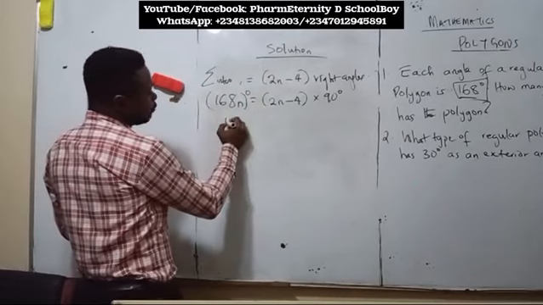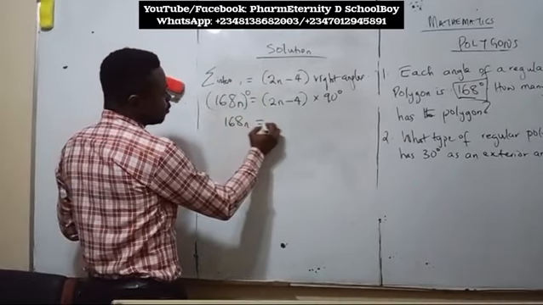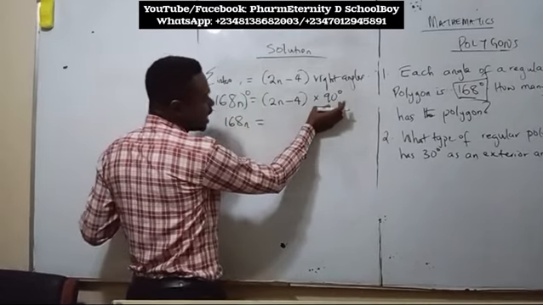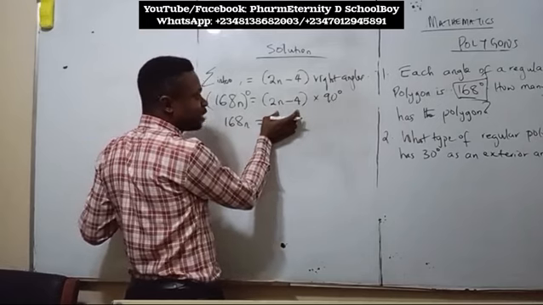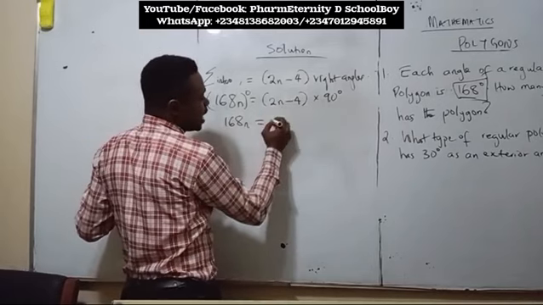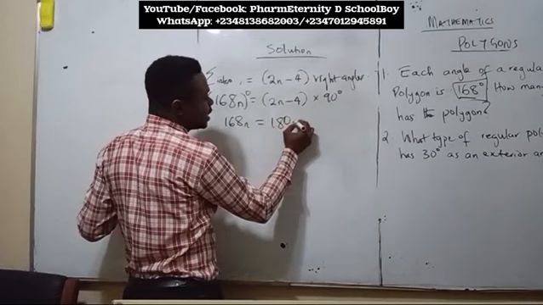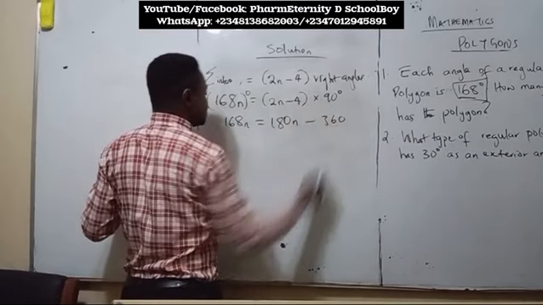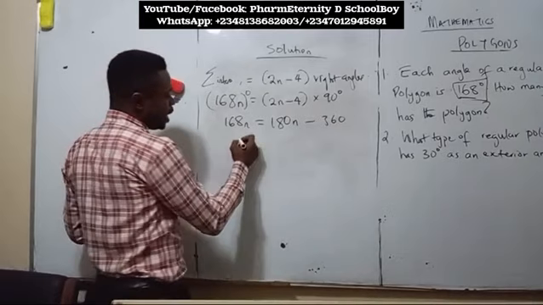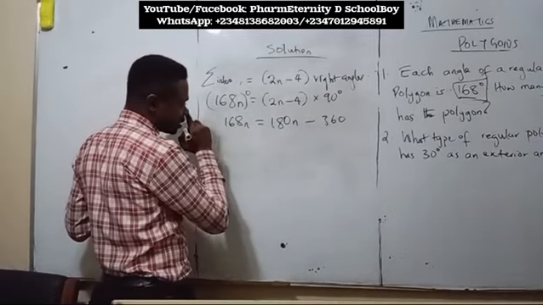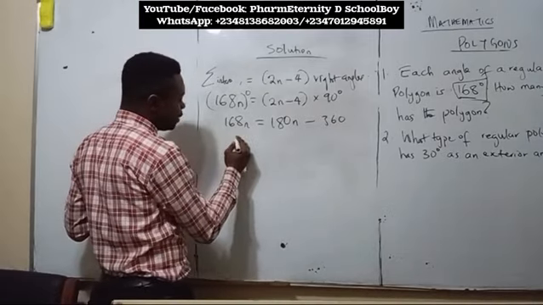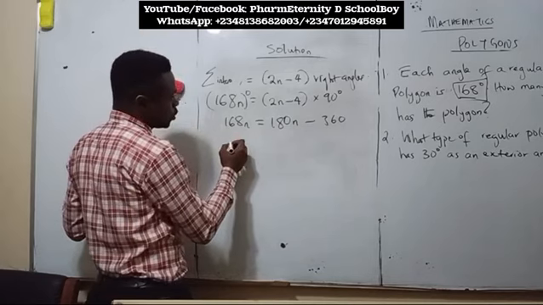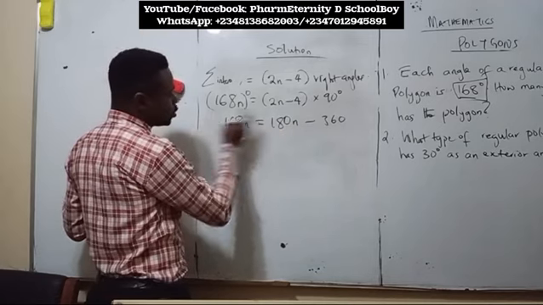So here we now have 168n is equal to, use this 90 to multiply everything inside this bracket. 90 times 2n is 180n minus 90 times 4 is 360. So we collect like terms.